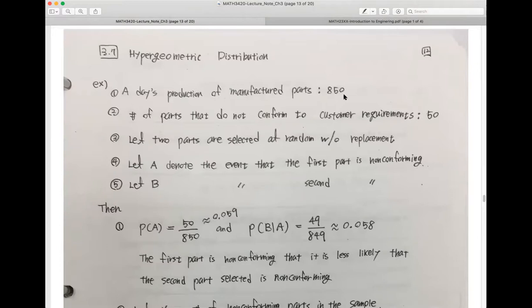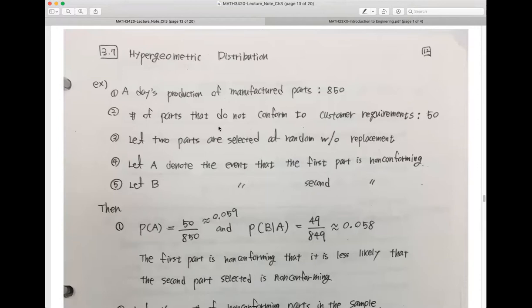So out of 850, 50 parts are non-conforming. Now let two parts be selected at random without replacement. What we selected, two parts, is the sample, so sample size is 2. But we'll change the sample size later.